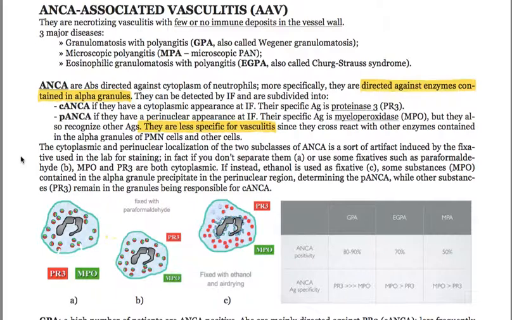ANCA antigen specificity: in GPA we have much more prominence of PR3, so cANCA. In eGPA we have mainly pANCA. In MPA also we have mainly pANCA.